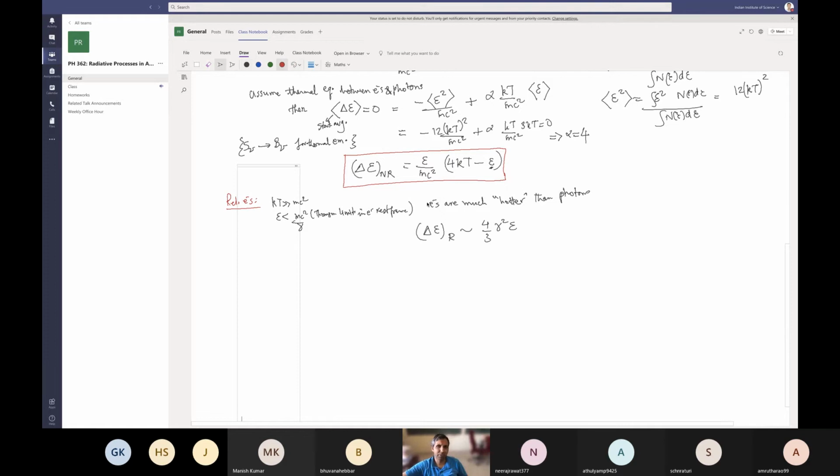So we neglect the possibility of electrons gaining energy from photons. That is negligible. This we also obtained from the power formula, this 4/3 gamma squared factor.